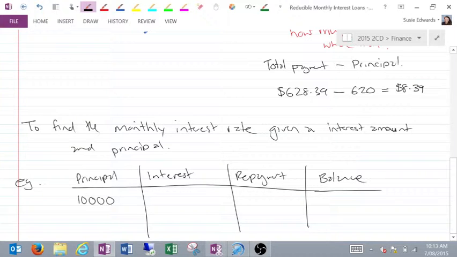Okay, so same sort of table, and it's going to tell you that you paid $66.67 in interest, and that your payment was like $200.